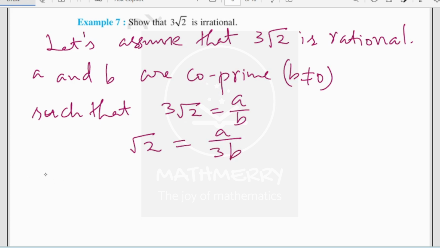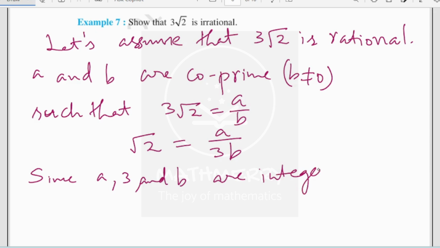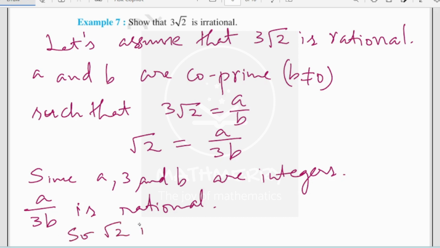Since A, 3 and B are integers, when you look at the right hand side, we can say that A by 3B is a rational number. So we can say that root 2 is rational.